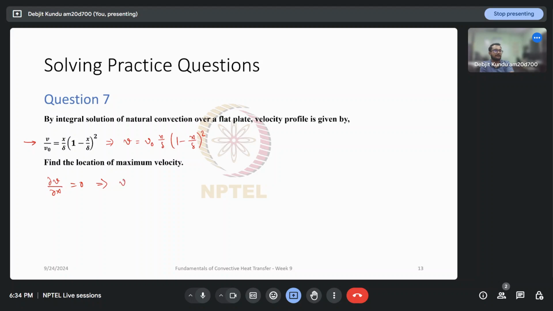What does that give me? That gives me v naught, and okay, so this we will expand out. I have v naught into x by delta minus 2x squared by delta squared plus x cubed by delta cubed.